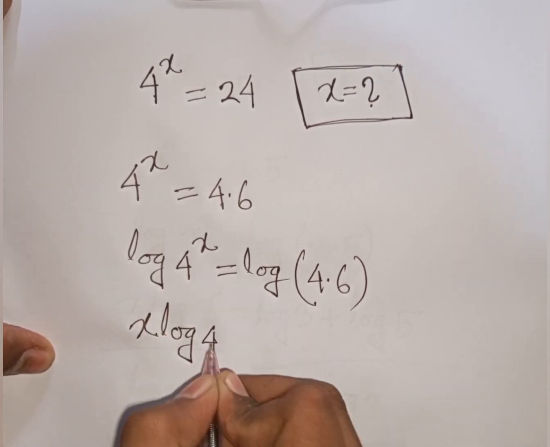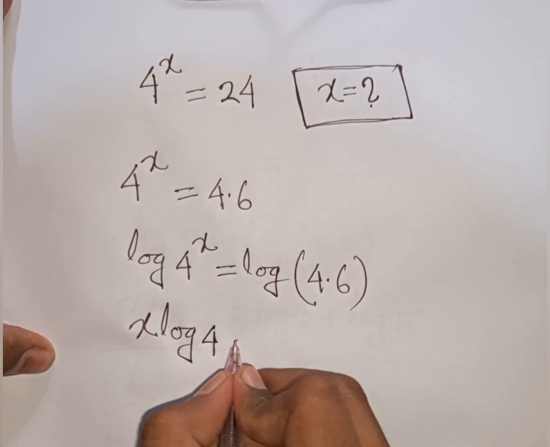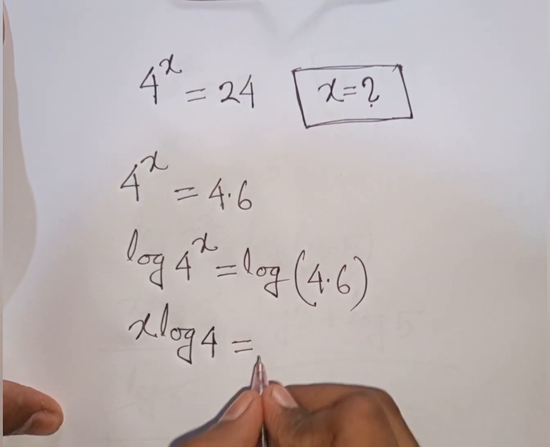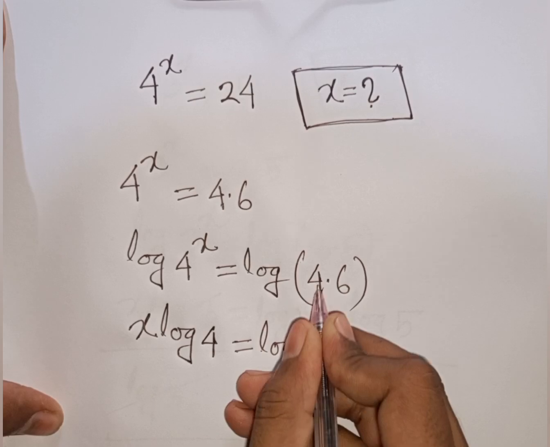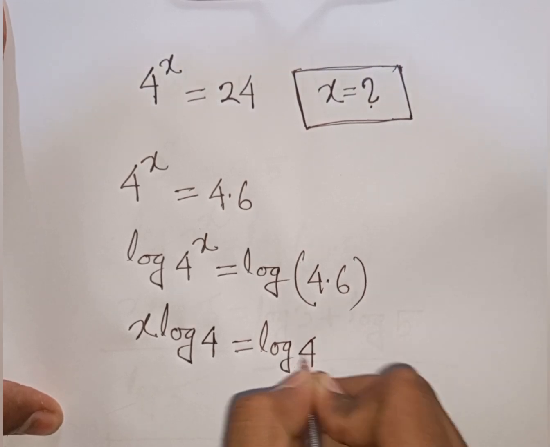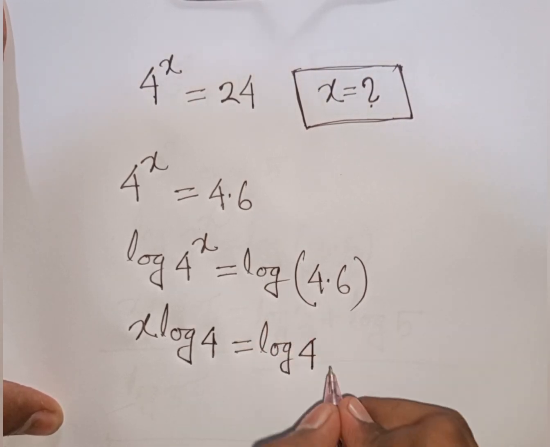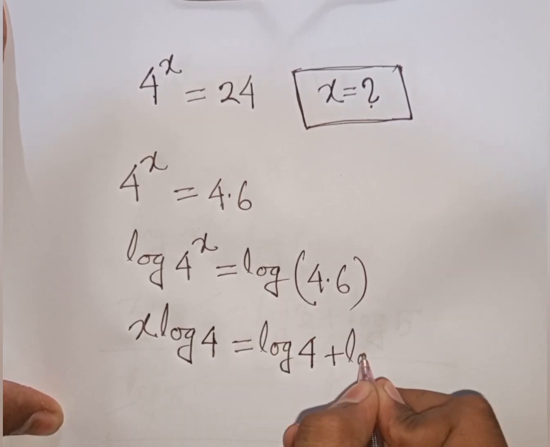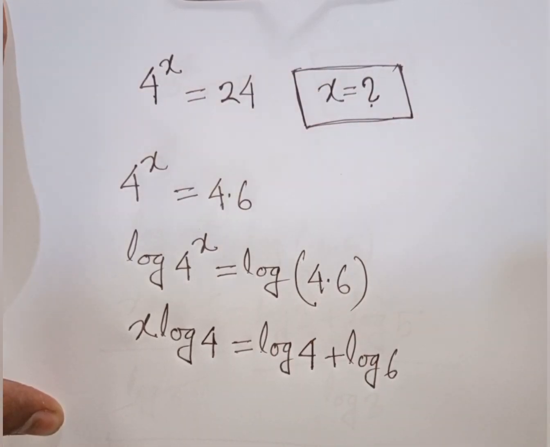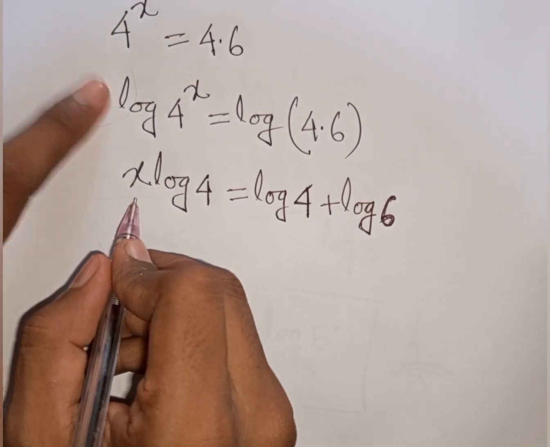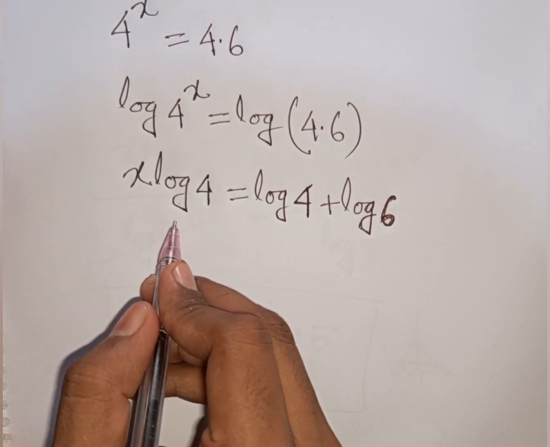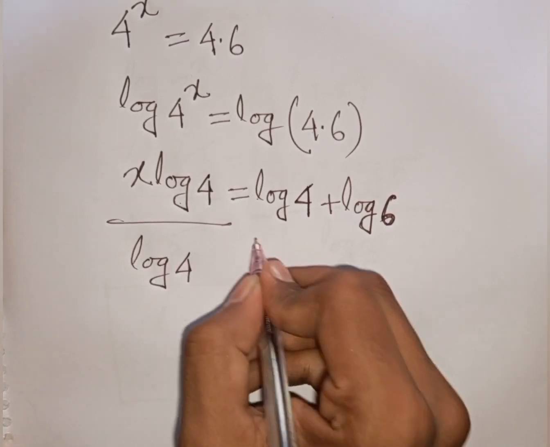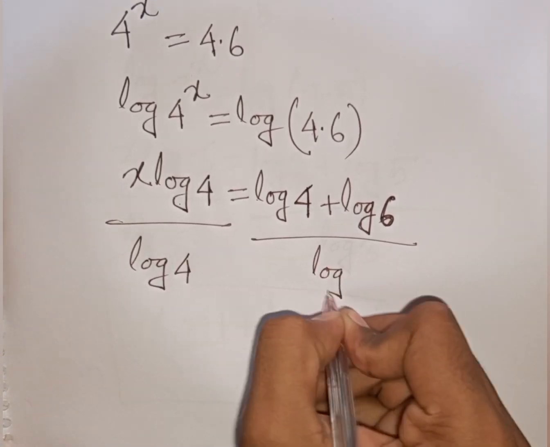x log 4 is equal to log of 4 times 6, that means it will be log 4 plus log 6. Now we need the value of x, so we divide by log 4 on both sides.